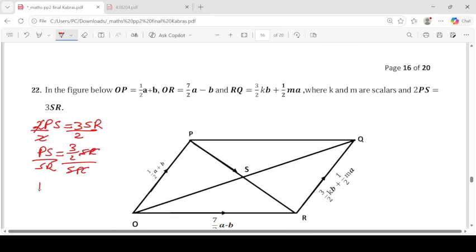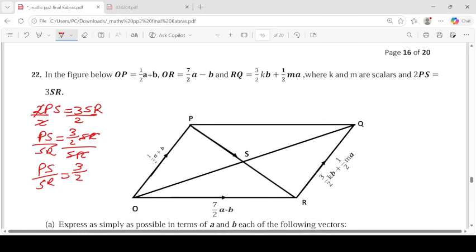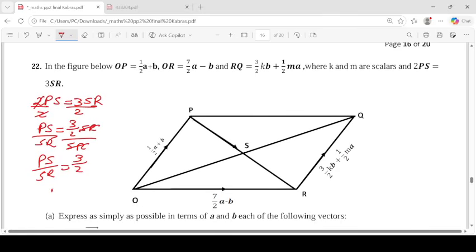So PS over SR is equal to 3 over 2. And this will mean the ratio of PS to SR is 3:2, meaning PS is 3, SR is 2.